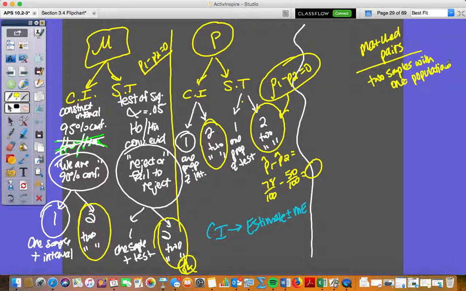Can you maybe tweak it just a little bit? It's a good thought. Trying to tweak it just a little bit to where it's the same population. Catherine? Can I say like two groups of students from the SAT test, like random stuff? That would still be 2 sample because why? 2 different populations. Does that make sense? I have two samples from 2 different populations of people. From the same population, right? Like both from all students who take SAT tests.